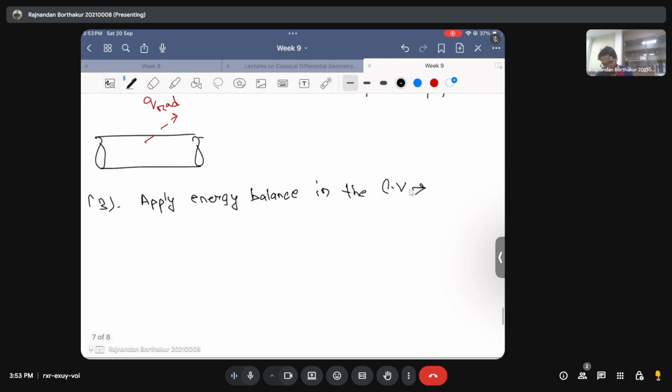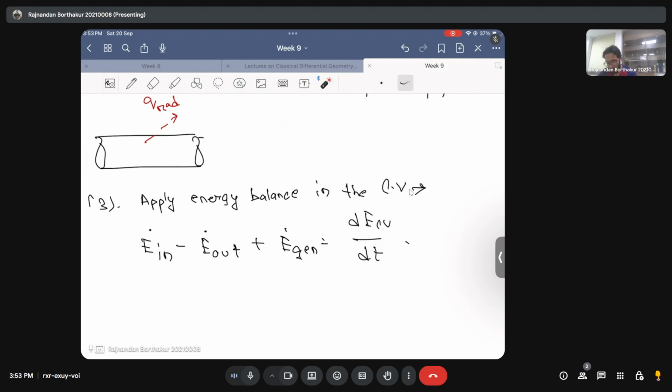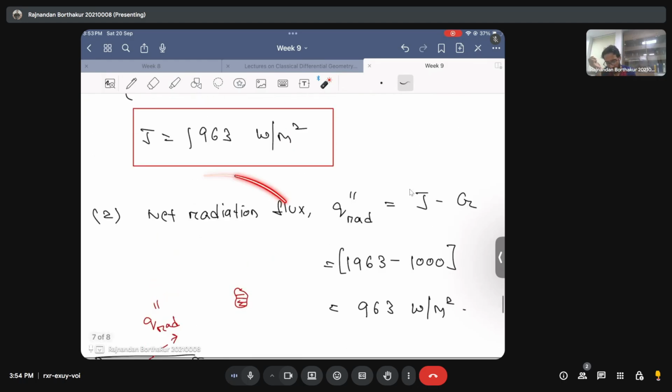Because if you just apply energy balance, it will give you E dot in minus E dot out plus E dot gen equal to the rate at which energy is changing inside the control volume. Now, we will consider the fact that the entire radiation is reflected through the net radiative flux.